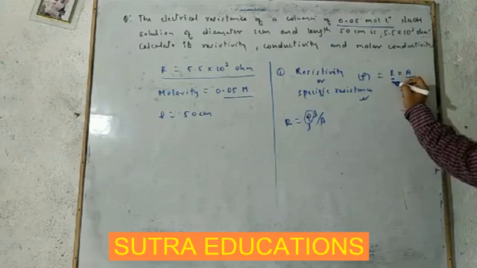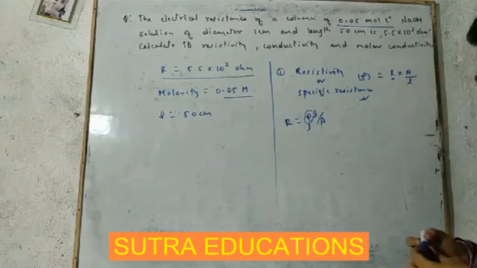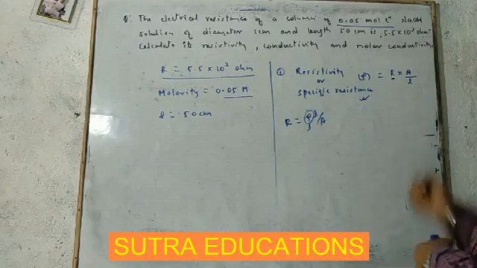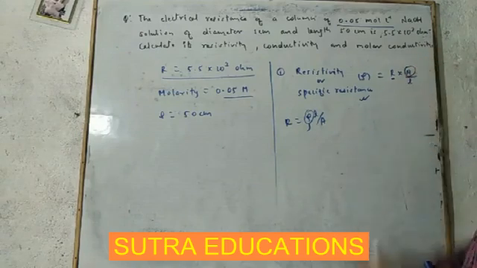Resistance is given, length is given. The area of cross section A is not given.